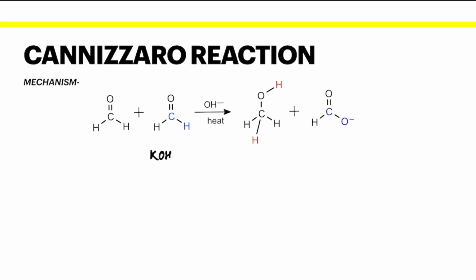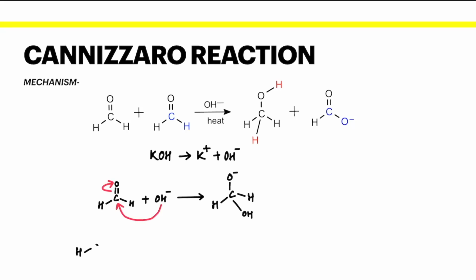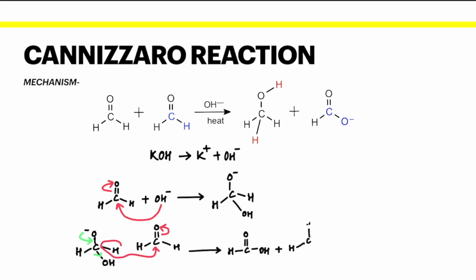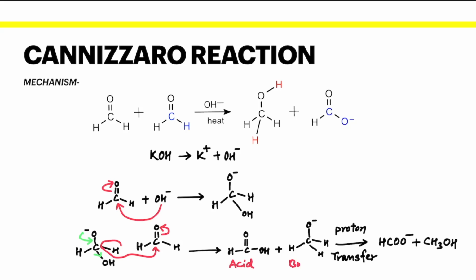It involves the following steps. In the first step, KOH ionizes to produce OH minus ion that acts like a nucleophile, and the OH minus attacks the carbonyl carbon to form an addition product. After this step, the last and the most important step comes, where a hydride shift is recorded.